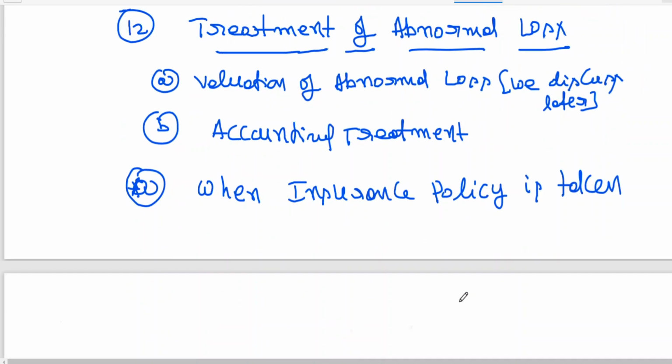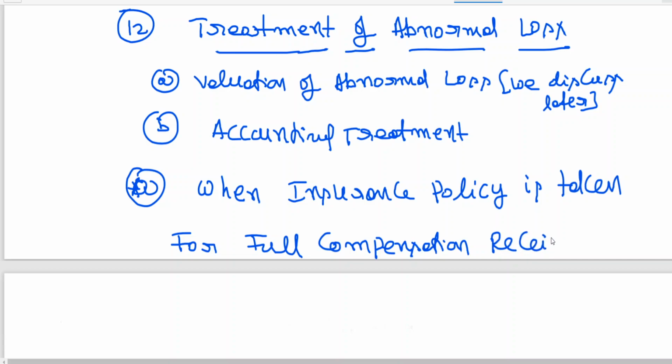the entry for full compensation received. This very rarely happens.